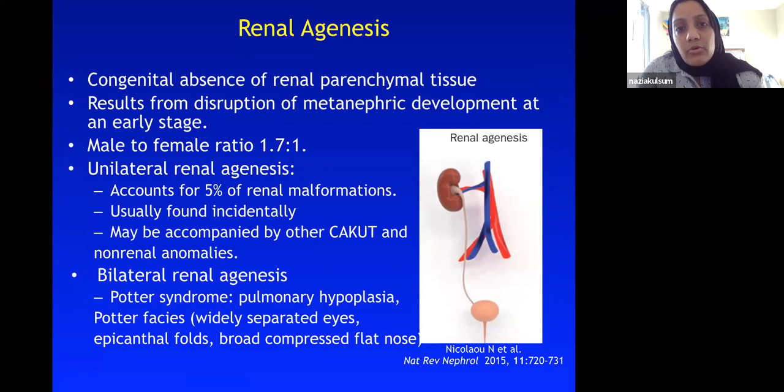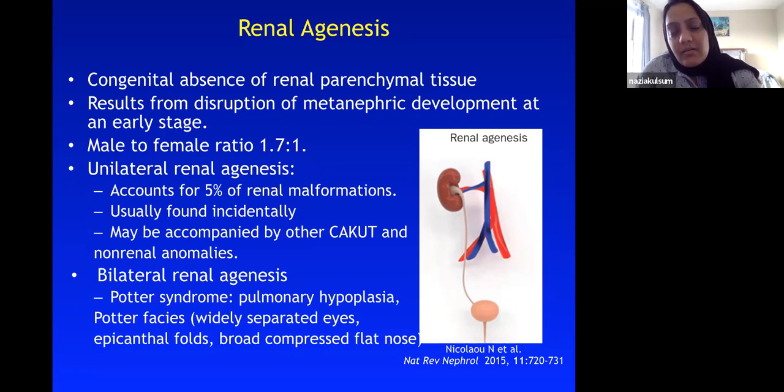In situations when you don't have both kidneys developing, which would be a bilateral renal agenesis, is when you would see something called Potter syndrome. This is, like how we say, a board favorite question, where they will describe to you a baby who has oligo or even actually anhydramnios. And the baby has wide-spaced eyes, epicanthal folds, broad flat face.